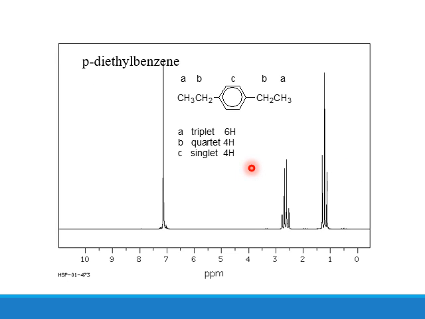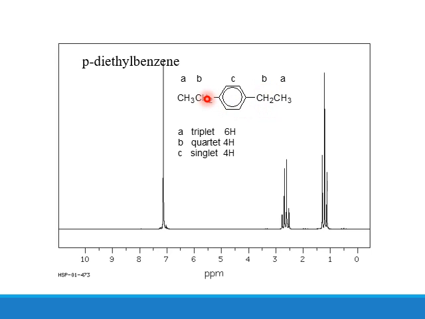So for this example, we have 3 different hydrogens. The first type is type A. We have six hydrogens for type A, and they will be a triplet because they are neighbors to two hydrogens.